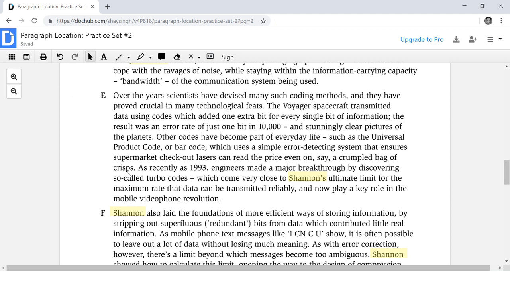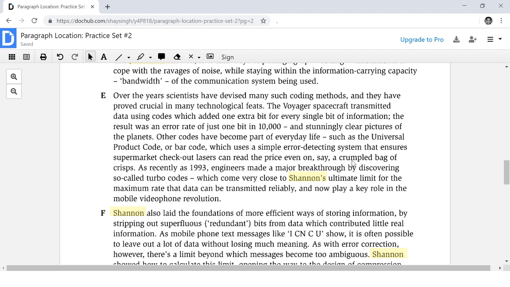of crisps. Now see, that was tricky, guys. It's talking about how these lasers, this machinery, can read information, which is the price. It can read information even on a crumpled bag of crisps. Or in other words, it can read information even when it's not completely available.